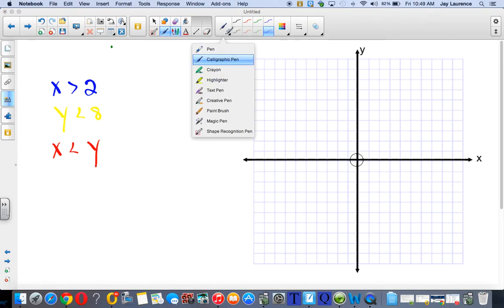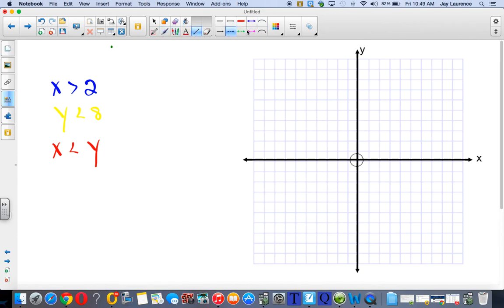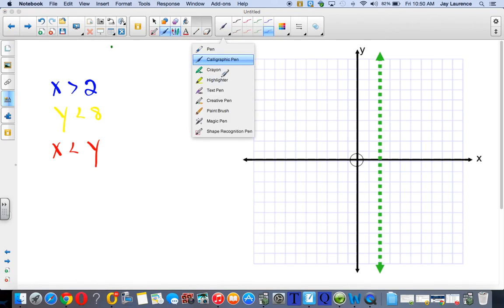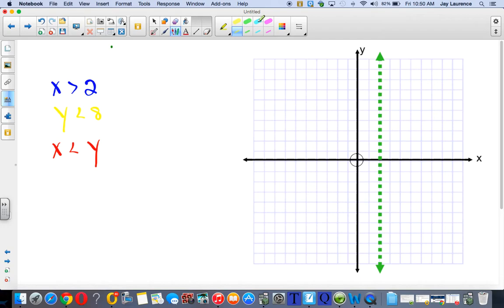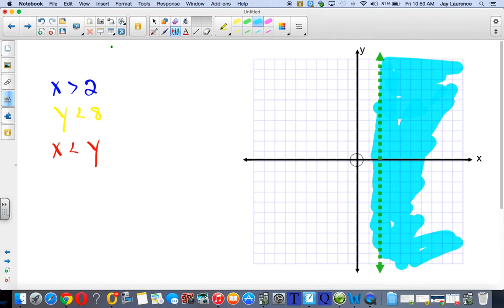So let me find my lines. X equals 2 is going to be like that. And it's broken. And I'm going to shade greater than 2, I'm going to shade over here. It's hard to be precise.